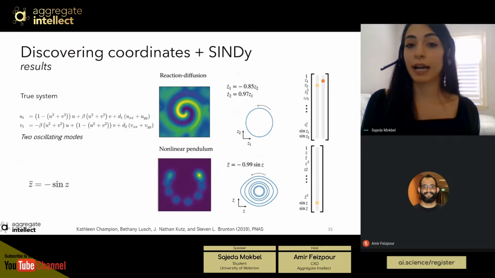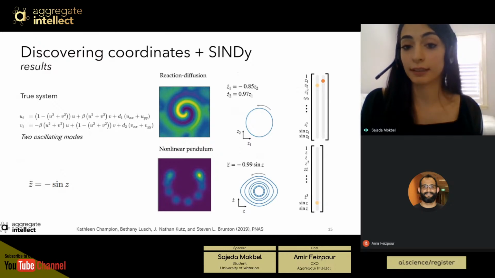For the reaction diffusion equation, the least amount of coordinates that can describe the dynamics is given by two oscillating modes, which I found here. And the nonlinear pendulum was also able to predict the true equation pretty well.